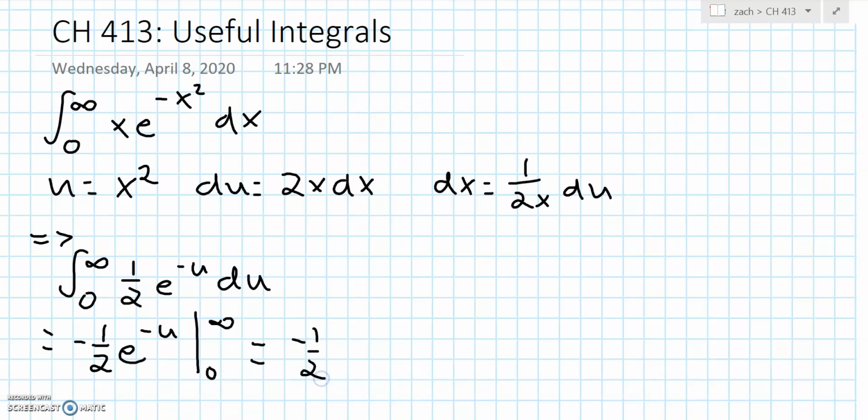And of course, e to the minus infinity is going to be equal to 0. And e to the 0 is 1. So we have 0 and 1. So therefore, we get that this is equal to 1/2.